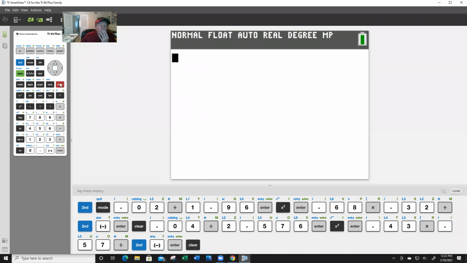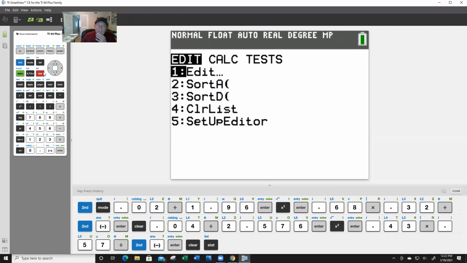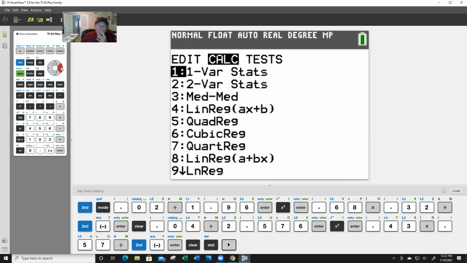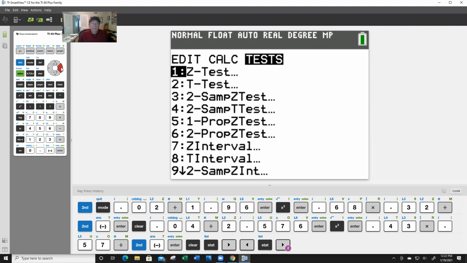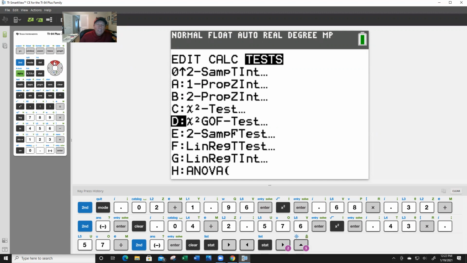You're going to go stat. Let's see here. Stat tests. There we go. And we're going to do a 1 proportion z interval, 1 prop z interval.